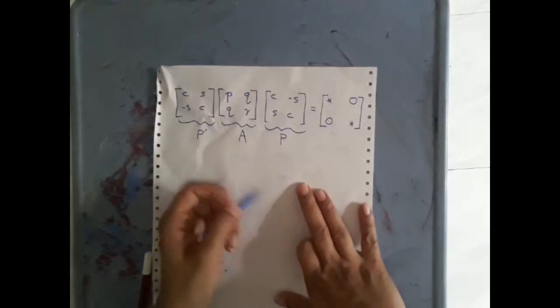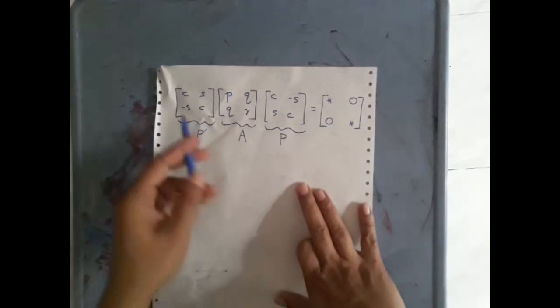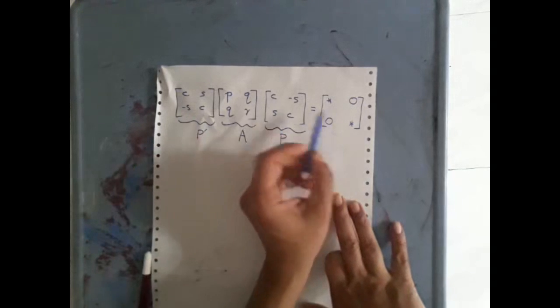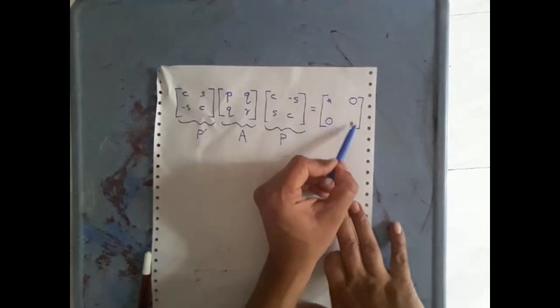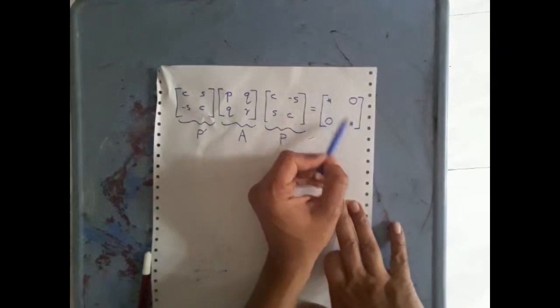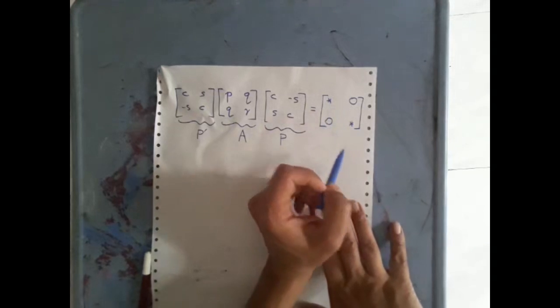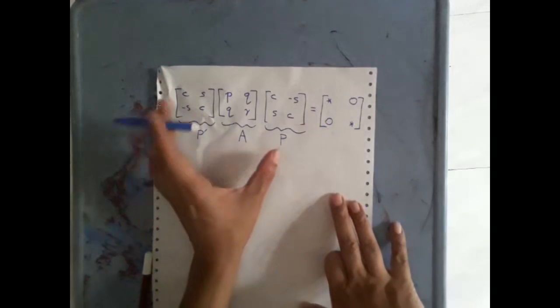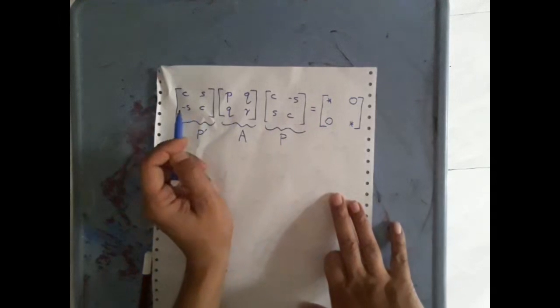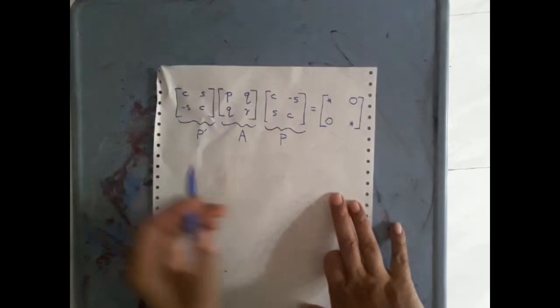So I am trying to find out a suitable theta such that this will be a diagonal matrix. I do not care what these two entries are. They are of course my eigenvalues, but for the time being I am trying to see whether I can diagonalize A using only rotation.